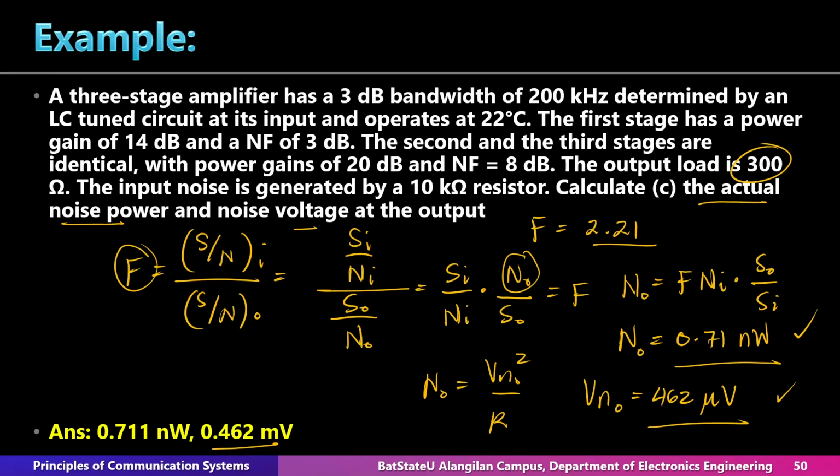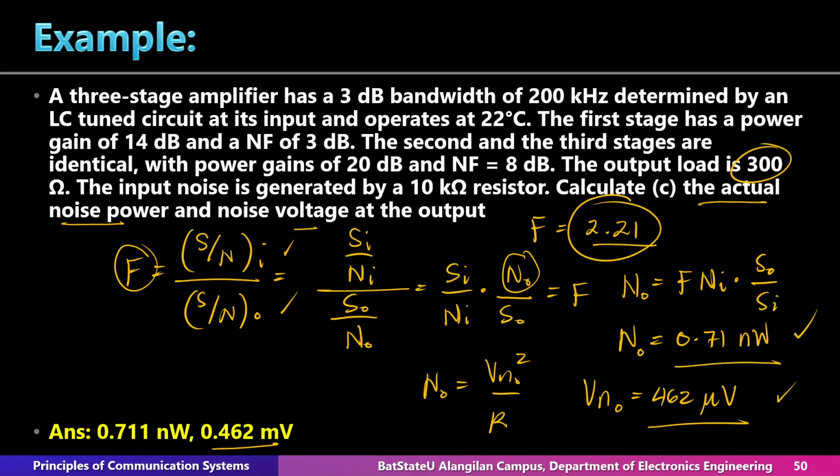At actual noise voltage sa output. Galing sa noise figure. So, kinumpute lang natin yung noise figure, and then after that, kinonvert natin sa noise factor. Kasi hindi mo naman magagamit directly ang noise figure. So, ang ginamit natin yung value na 2.21 noise factor. Signal to noise ratio ng input divided by signal to noise ratio ng output.